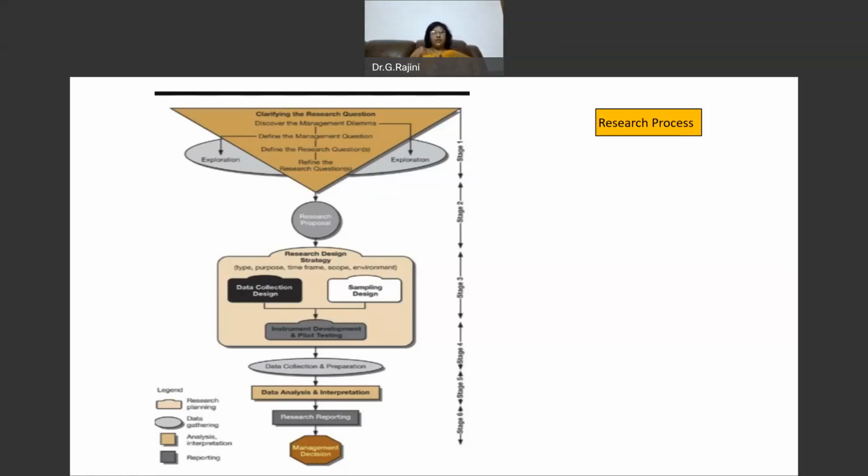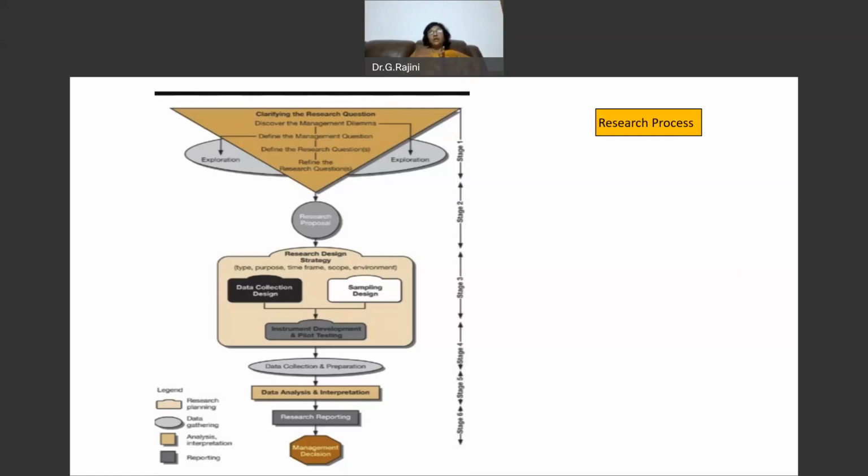Okay, so we need to have a time frame for finding out, and then what is the scope, what is the boundary within you're going to operate. Supposing it is FMCG product, you will collect data only about FMCG product, you will not be getting into some other products. Then about the environment in which you are going to operate.